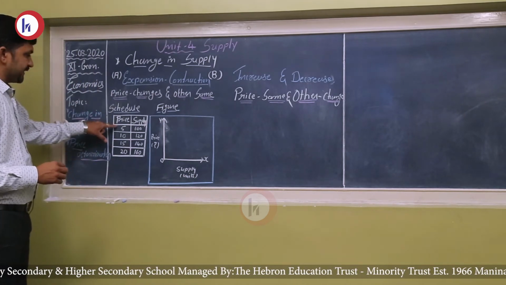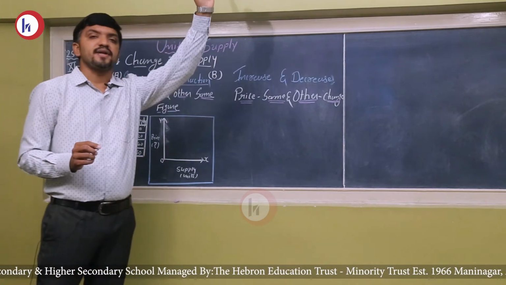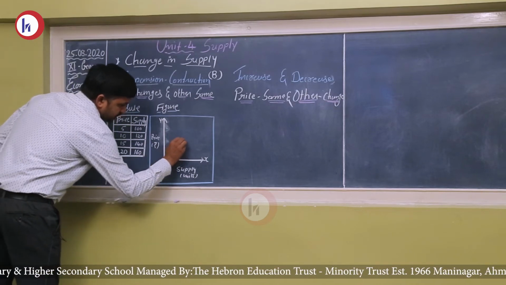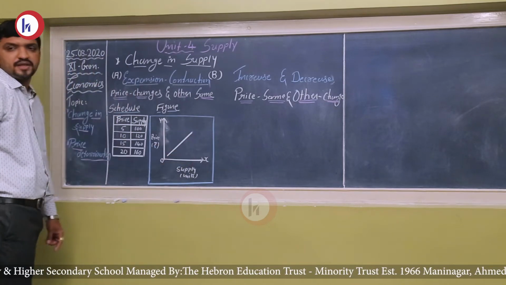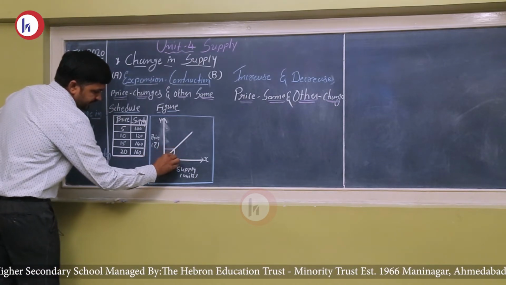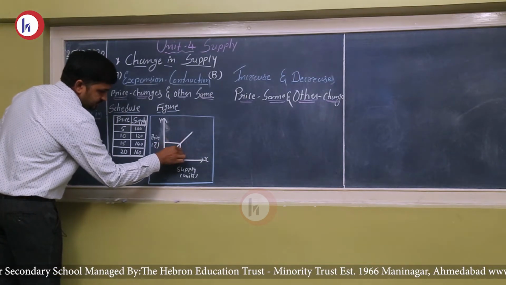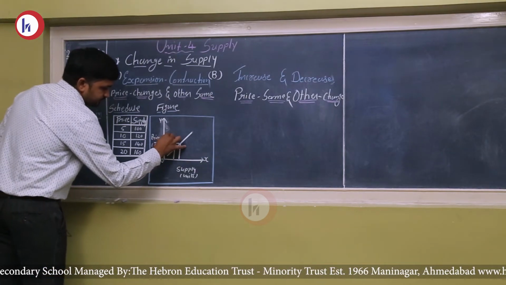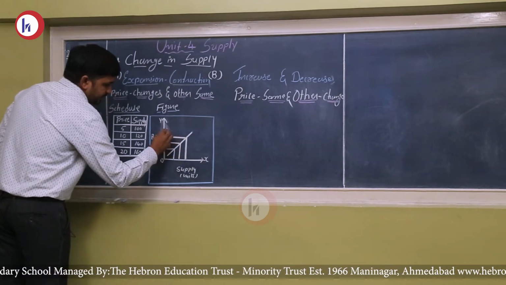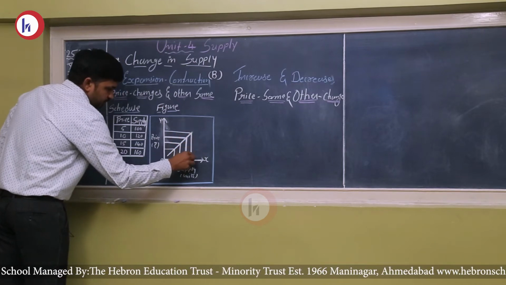Now, price and supply change in the same direction, so the supply line starts from the origin and moves towards infinity. We have 4 combinations, so let it be first, second, third, and fourth.